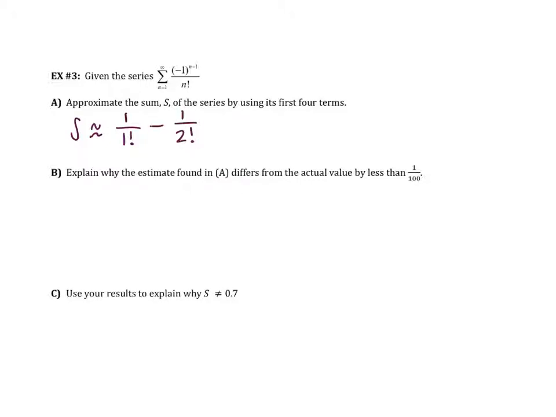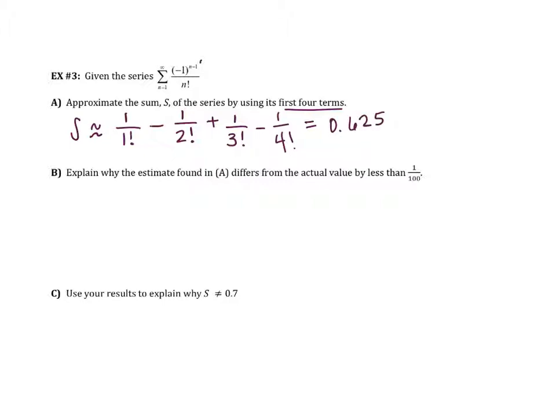If I plug in 3, that's going to be positive, so plus 1 over 3 factorial. And notice we needed the first 4 terms: we've got 1, 2, 3, and now let's do our fourth, so minus 1 over 4 factorial. If we put all that in our calculators, we're going to end up with 0.625.